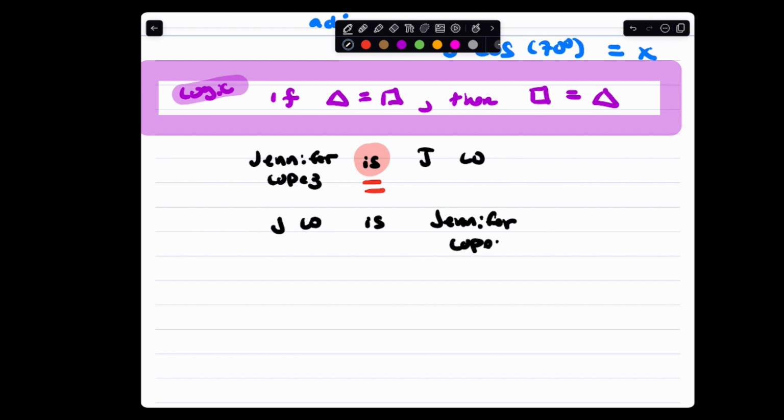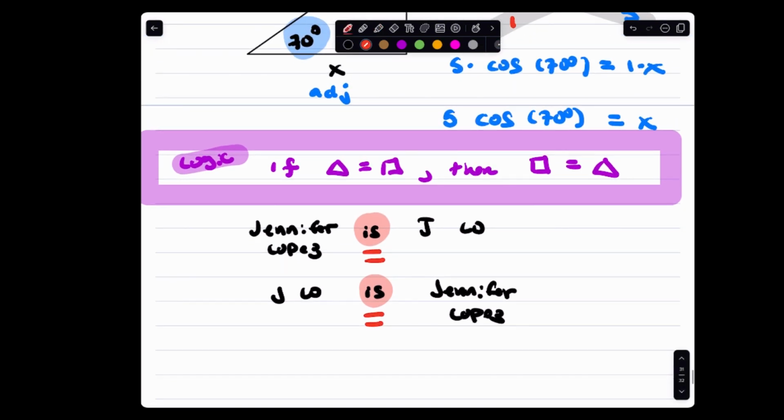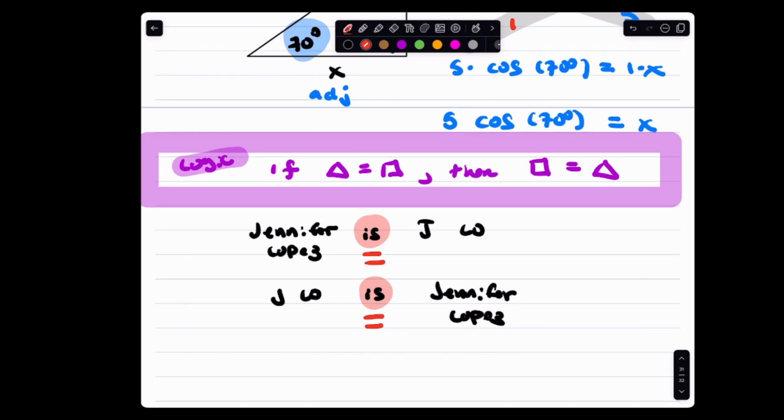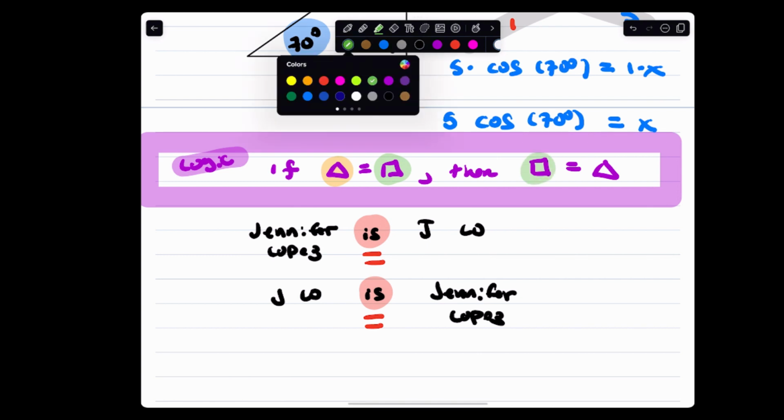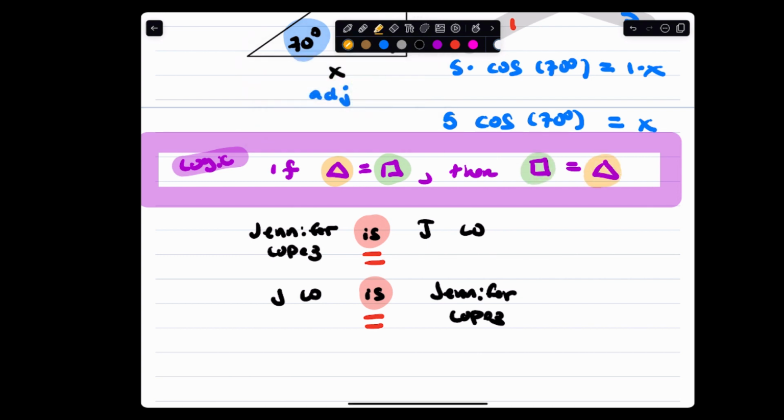Jennifer Lopez. Okay? What am I really getting at? Why am I bringing up J-Lo and Jennifer Lopez? Do you guys know? If I even get out some colors, orange, green, we can say green and what? Orange.